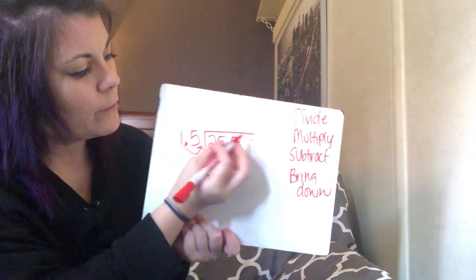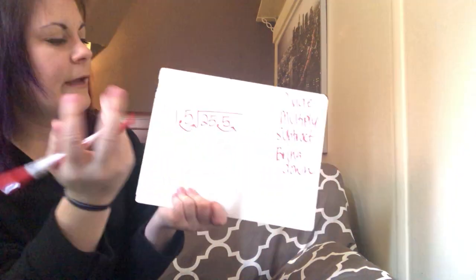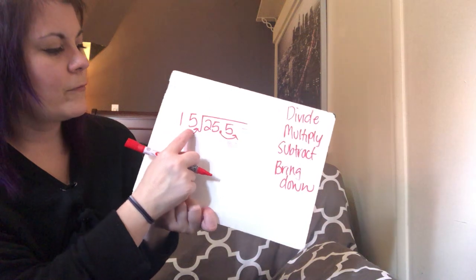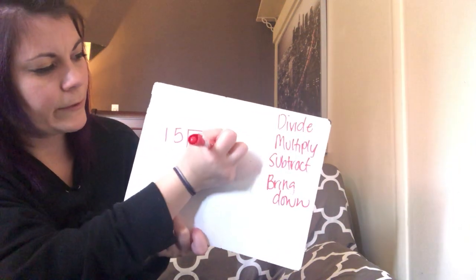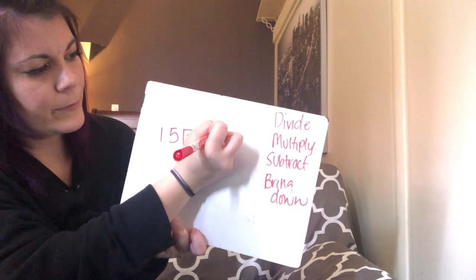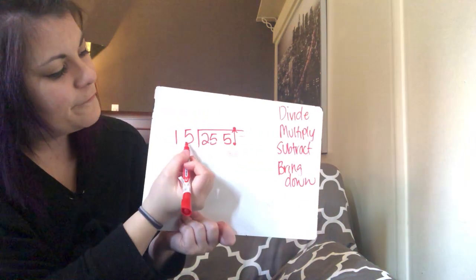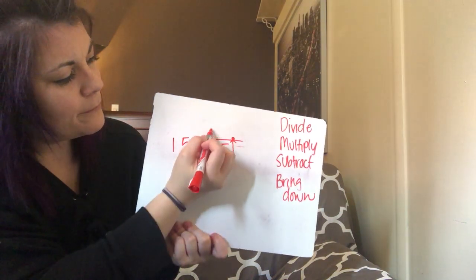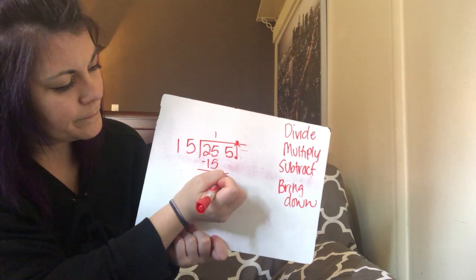So if we move it to the right once here, you have to move it to the right once here. And now we can do it. And then we can bring it up and place it there if we need it, okay? 15 goes into 25 one time, and we divide like normal.